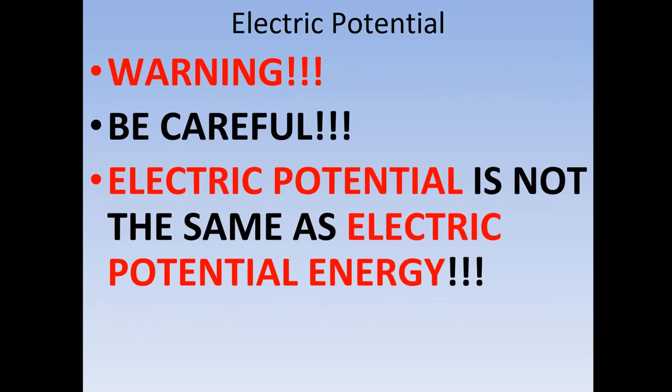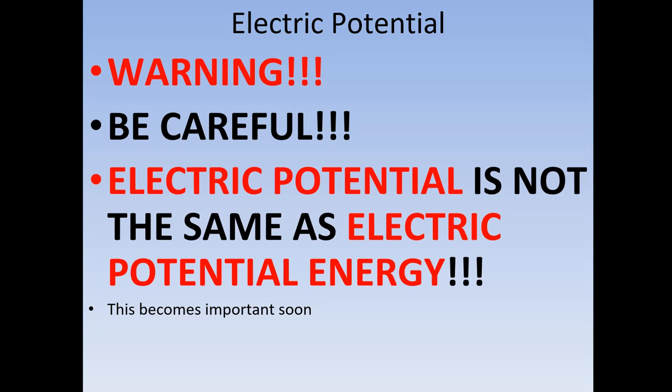Now, again, super big warning, electric potential is not the same as potential energy. Like I said, this is extremely important because they're in the same equation together. The equation has electric potential and electric potential energy, V and W. So you want to make sure that you're plugging the values into the right spot.